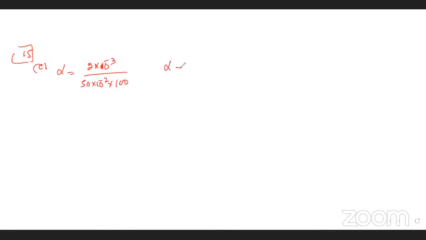Here I'm using the equation delta L over L1 delta theta, equal to alpha. I use meters because the units are not the same. That equals 4 times 10 to the minus 5.